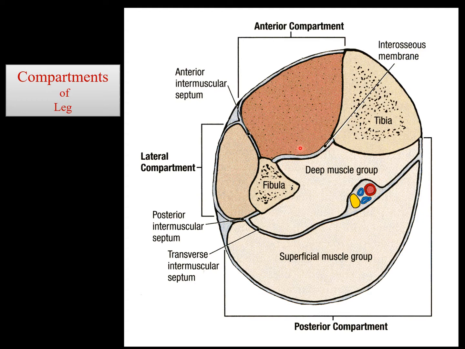And the rest of the area behind these two bones as well as the interosseous membrane is the posterior compartment of the leg. In terms of bulk of musculature, the posterior compartment is larger than the anterior and lateral compartments, so they are more bulky muscles.